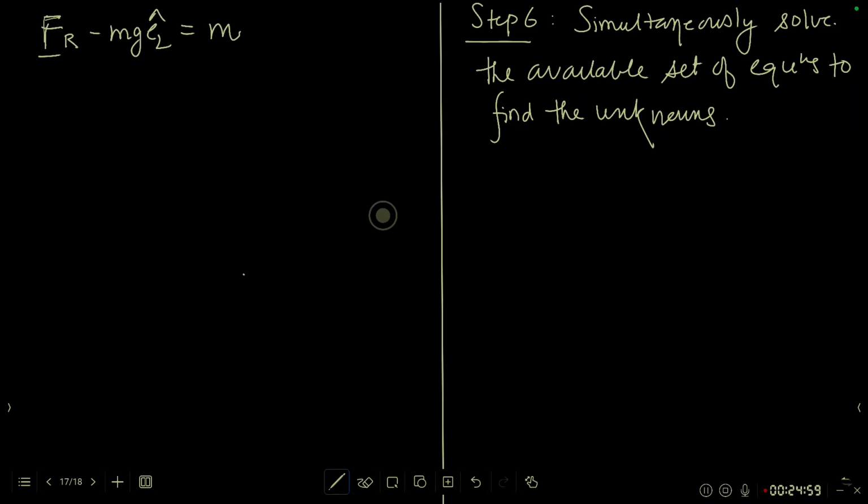Let's call it equation number 1 along E1. Have we found FR? Looks like we have already found FR. This is 11.25 along E1 plus mg times E2.